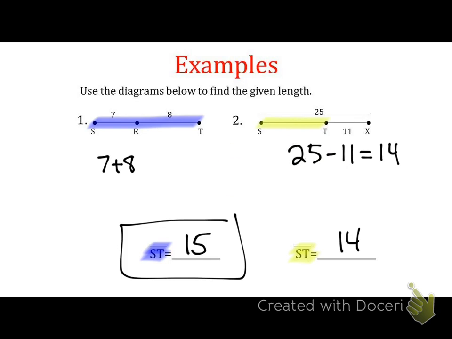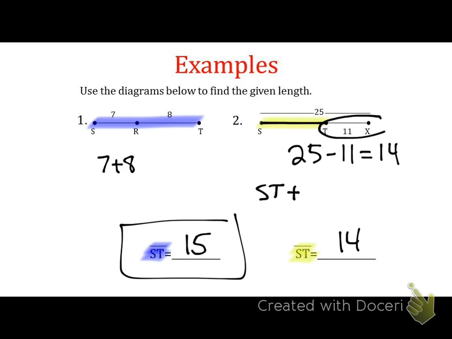Now, other classes, other teachers will make you write an equation every single time. Does anyone love algebra? You love algebra? Yeah. So, yeah, we can show you how to write an equation. So the smaller segment here is ST, right?